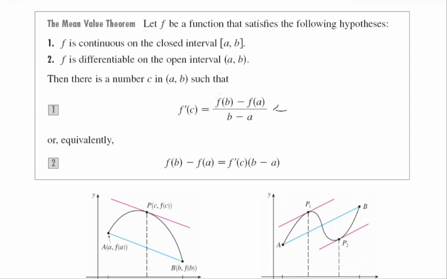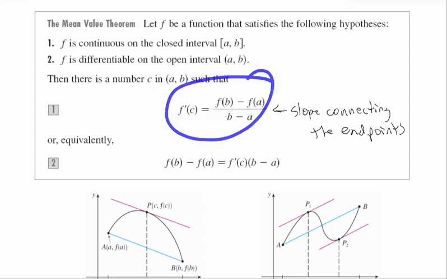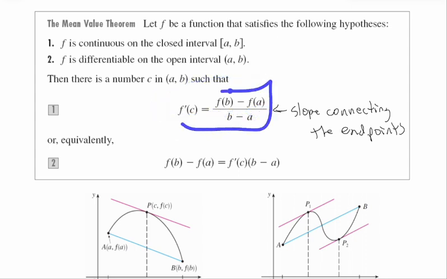So this is the slope connecting the points. Then all they do for this version is multiply both sides by b minus a, so they just cross multiplied. So you don't need to know both versions. I always just set it equal to the slope, and if they need me to rearrange it, I'll rearrange it.